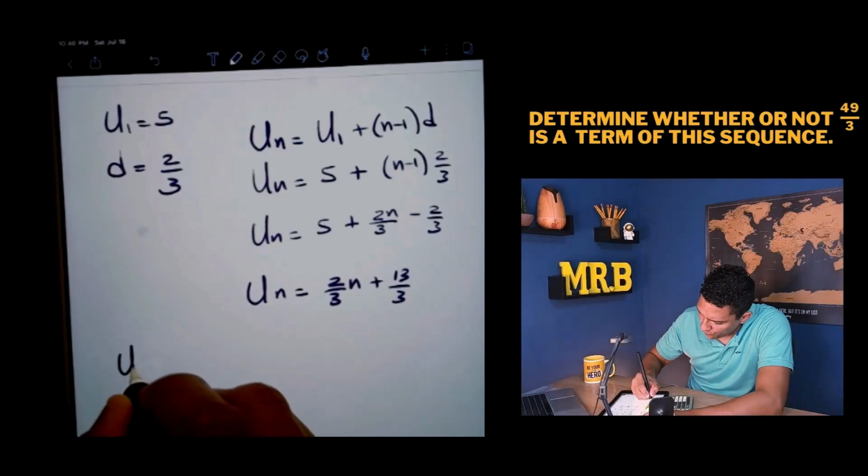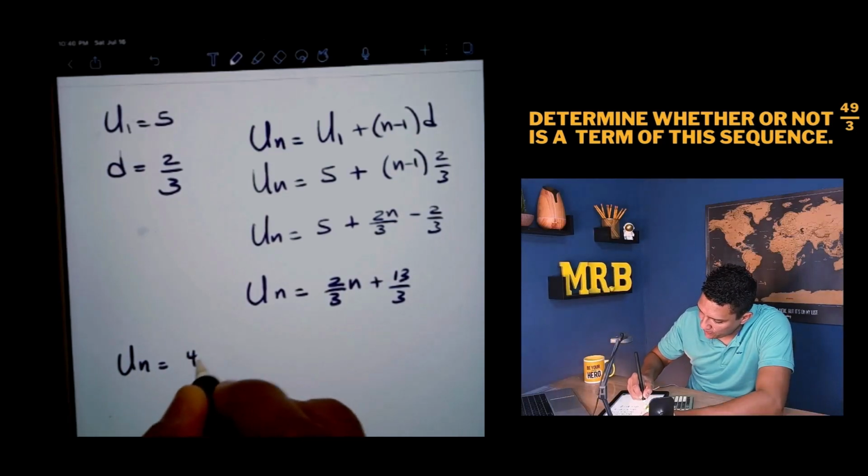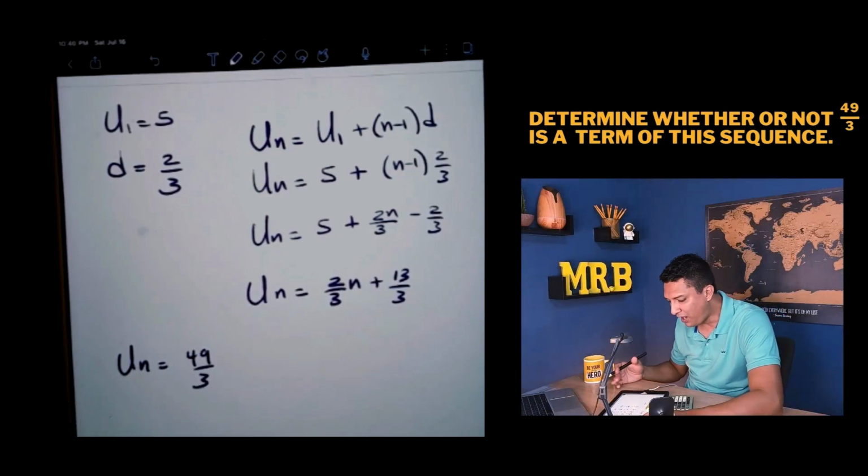Okay, now I'm going to answer the second question. The second question says, determine whether or not the number 49 thirds, we don't know the position of that number, belongs to the sequence. Okay, so I'm going to write the number here. We know that un is 49 thirds. And there are two options.